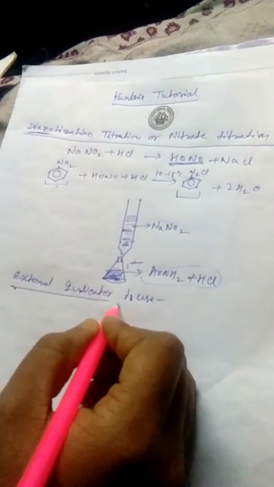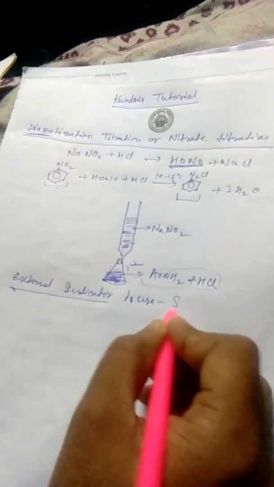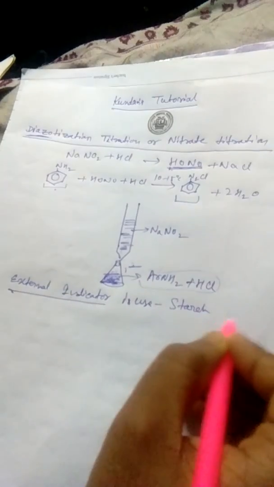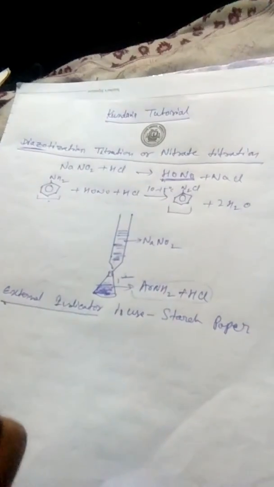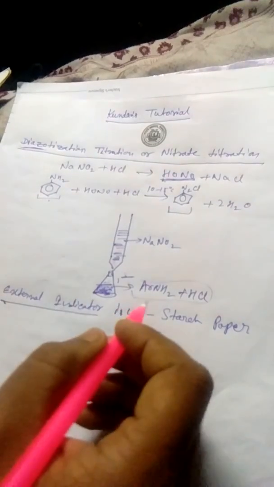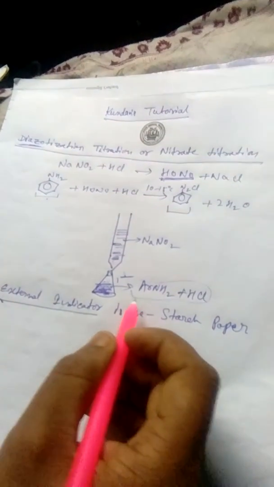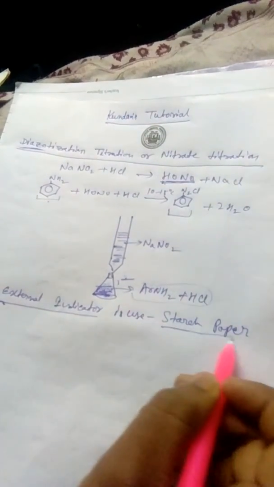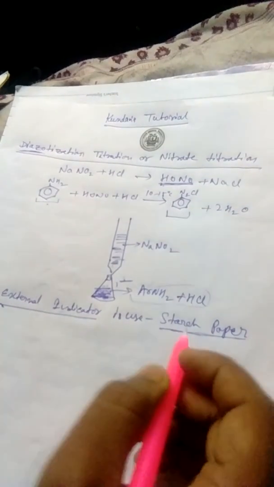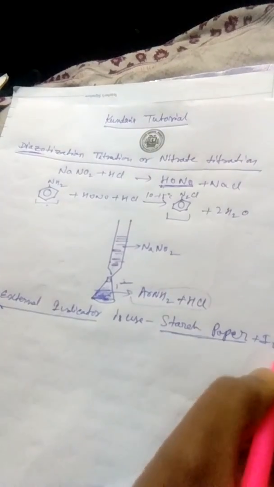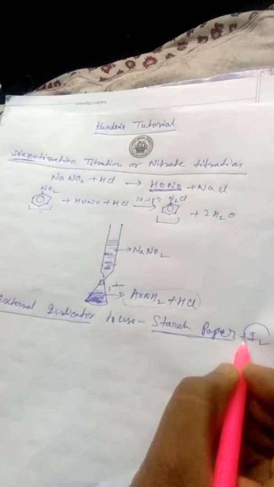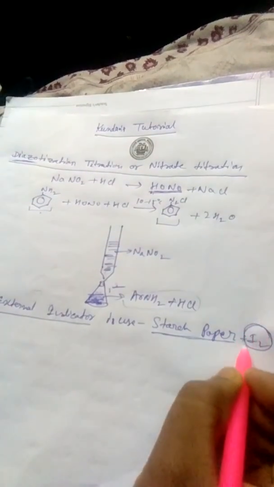So here we will take the external indicator as starch paper. During the preparation of this starch paper, we will add some iodine, I2, and this I2 is not directly involved in the reaction.